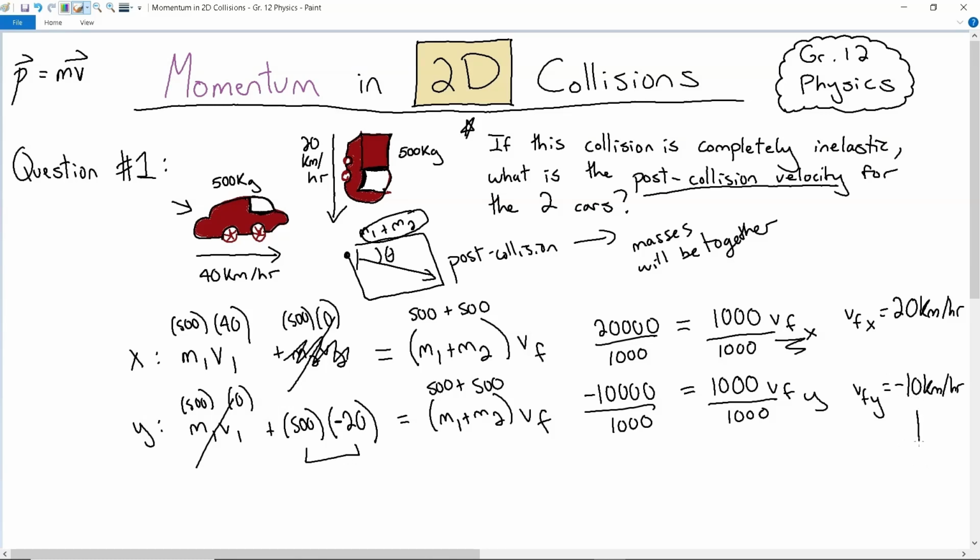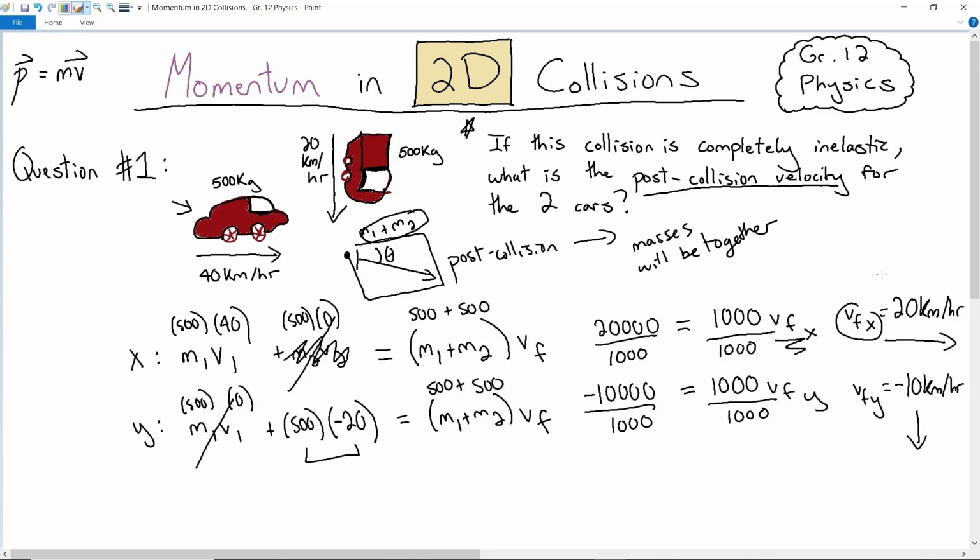And the negative just refers to our direction. So east will be for our first velocity because I set the original velocity of this car as a positive 40, meaning the east direction is my positive direction x-wise.